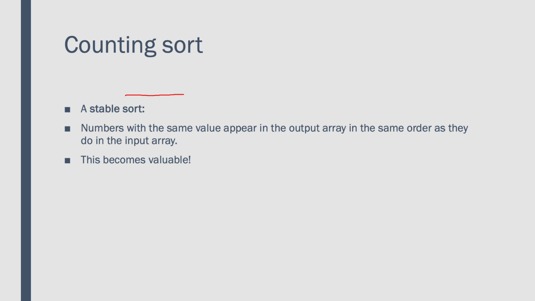In real world scenarios, we often sort data by multiple attributes, for example sorting a list of employees first by department and then by name. A stable sort ensures that the name order remains intact within each department after sorting.